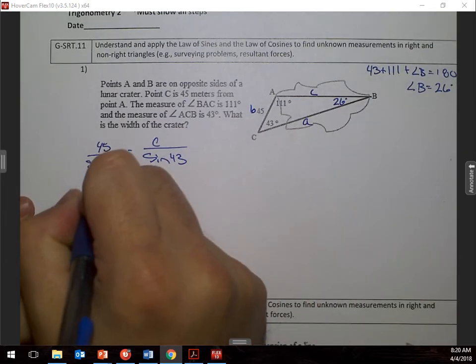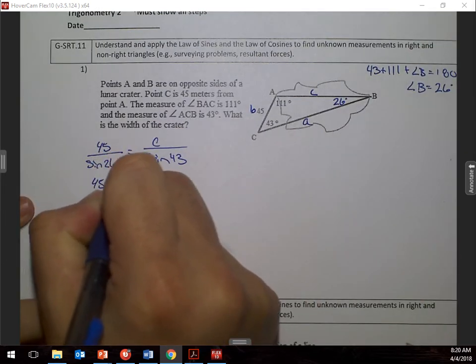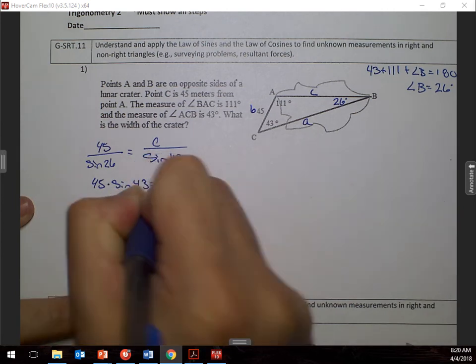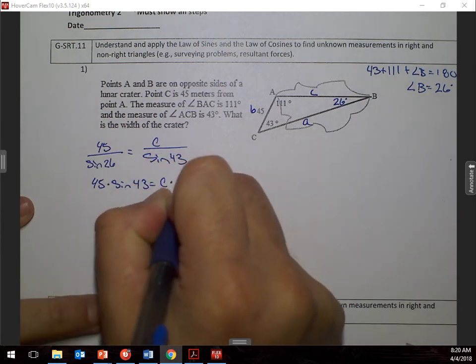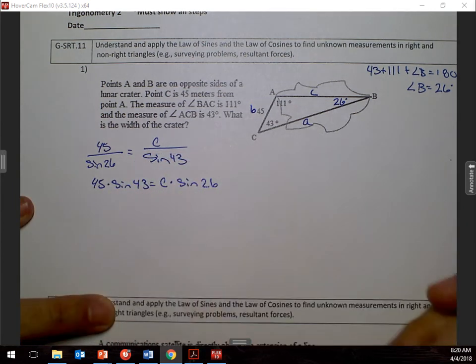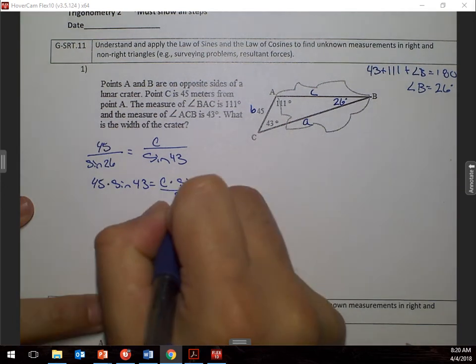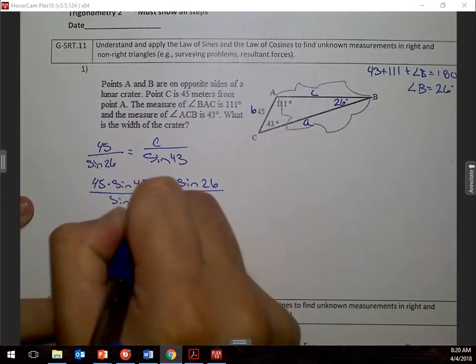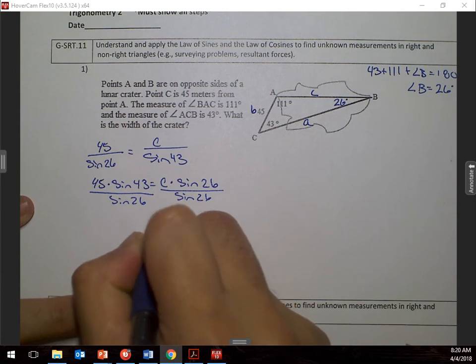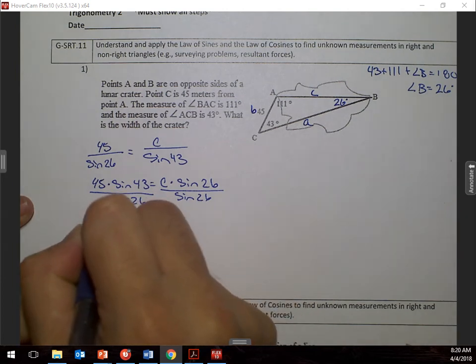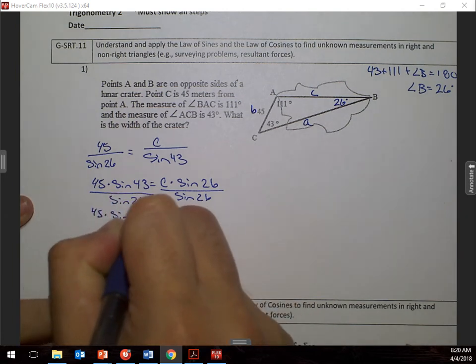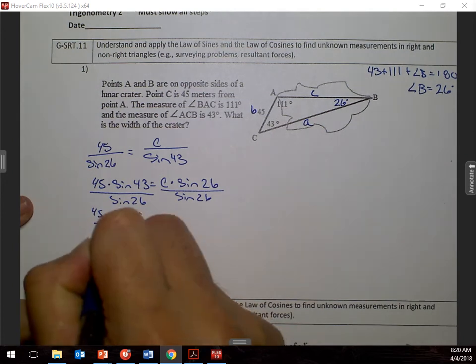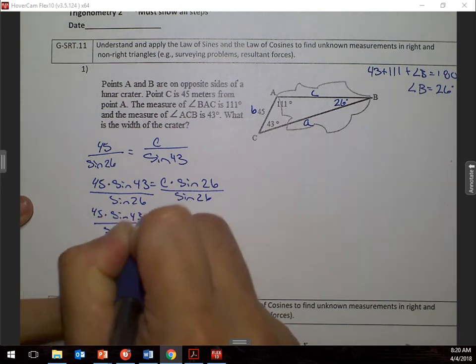So 45 times sine of 43 is equal to c times sine of 26. Divide by the sine of 26. So c is equal to 45 times sine 43 over sine 26.